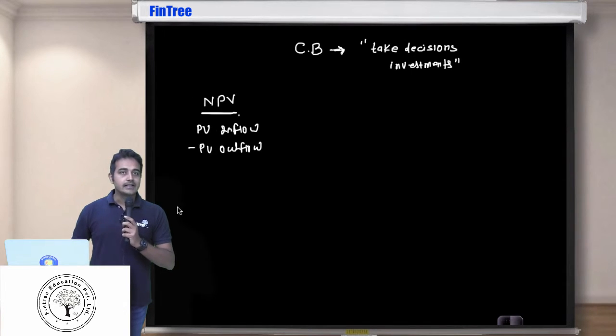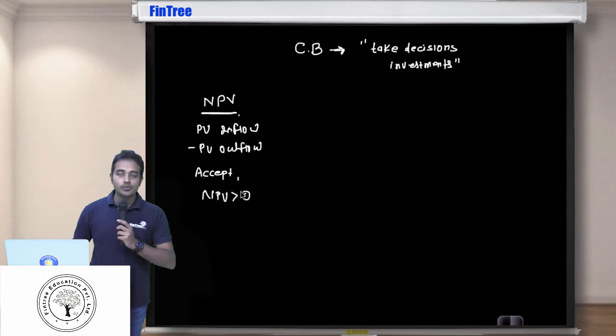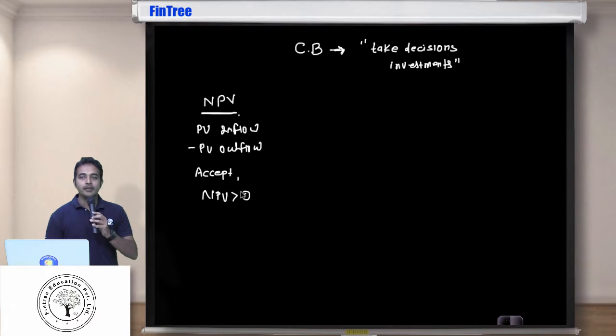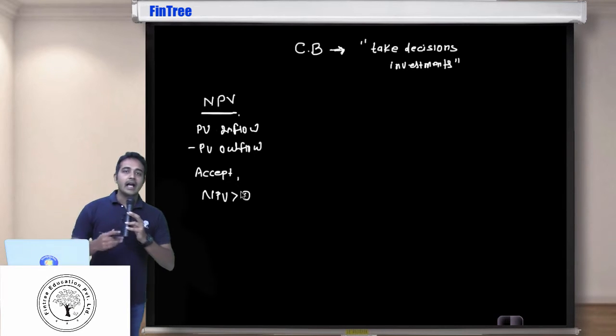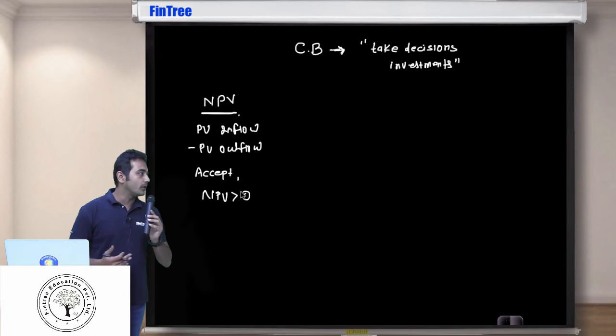The typical decision rule was that you should accept the project when NPV is greater than 0. And if there are 2 or more projects, then you would select the one which has higher NPV.